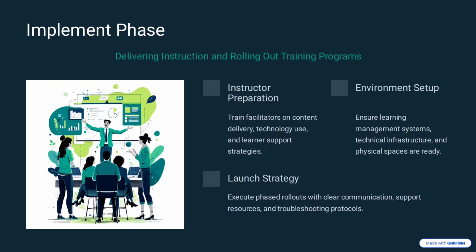The next phase is the implement phase. In this phase, the main function is delivering instruction and rolling out the training program. Three things are considered in this phase. The first one is instructor preparation.